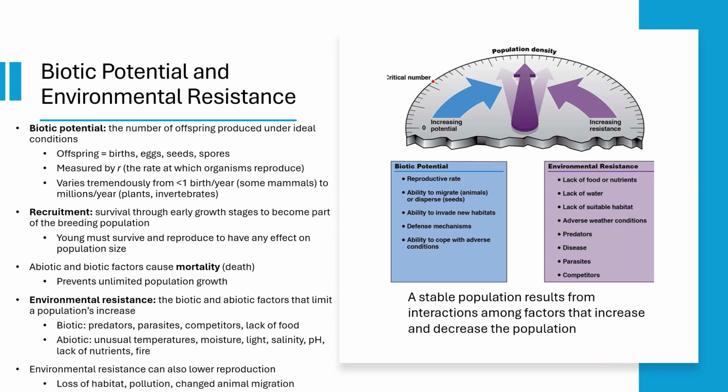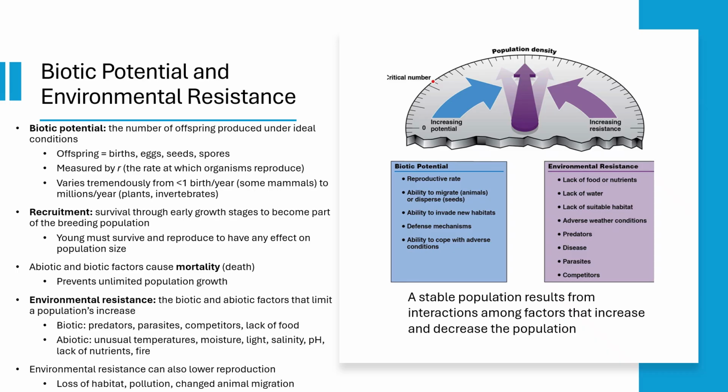So a stable population is the result of the interaction between what we call biotic potential and environmental resistance. So what is biotic potential? Biotic potential is the number of offspring that can be produced under ideal conditions. Offspring is anything like births, eggs being produced, number of seeds in plants, number of spores in, let's say, fungi.